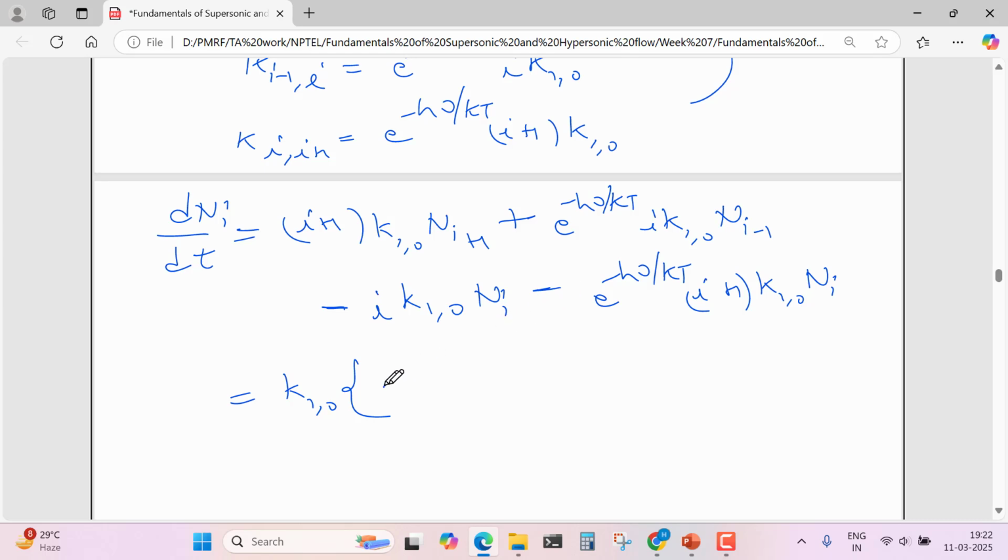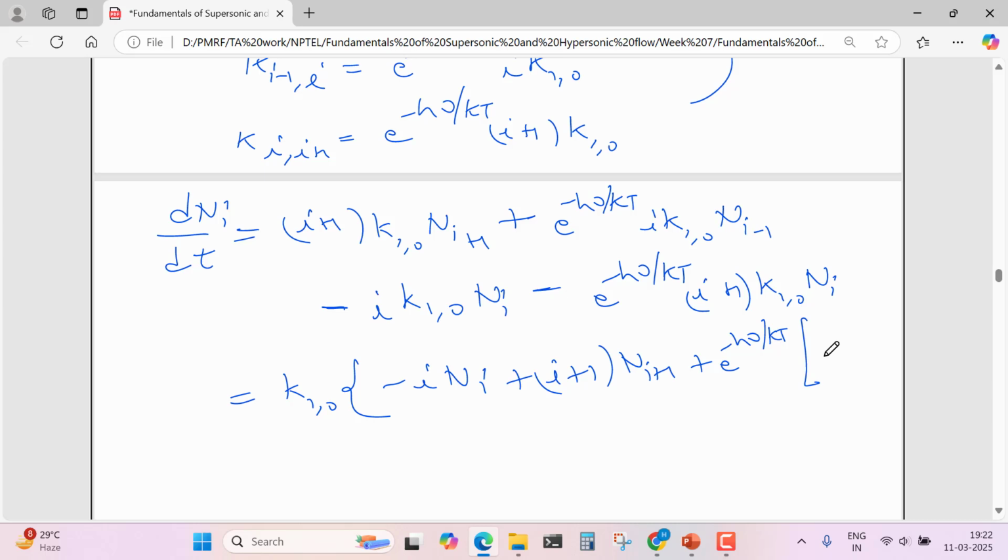It will come minus i n_i and i plus 1 n_{i+1}. In these two terms you can take e to the power minus h nu upon kT as constant.